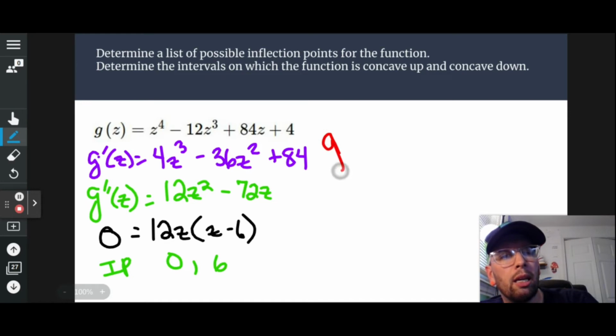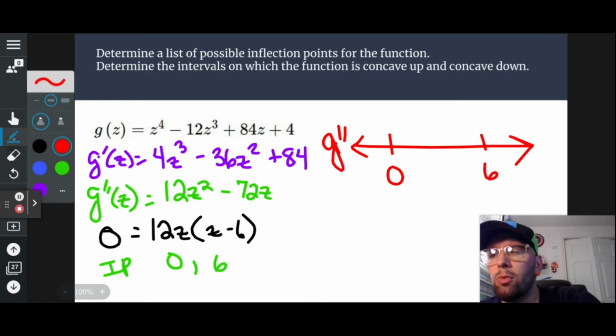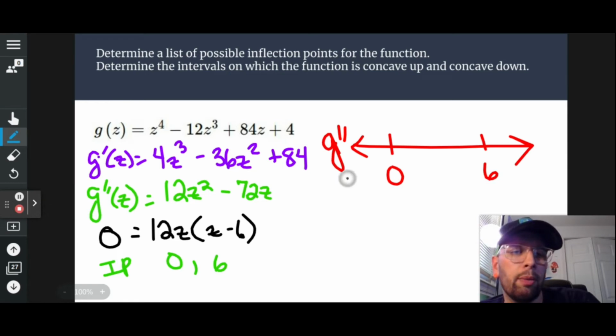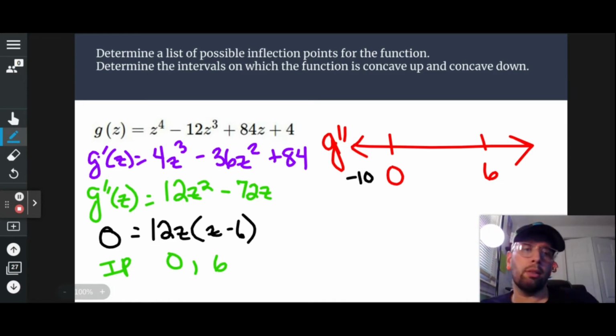Let's make a sign graph for g double prime. Possible inflection points are 0 and 6. So I can plug in -10. I can plug in 5.